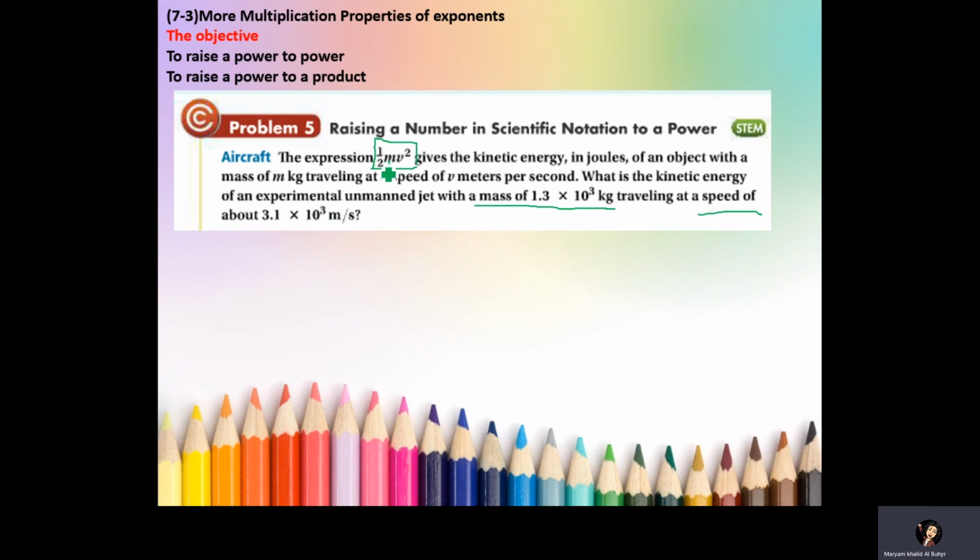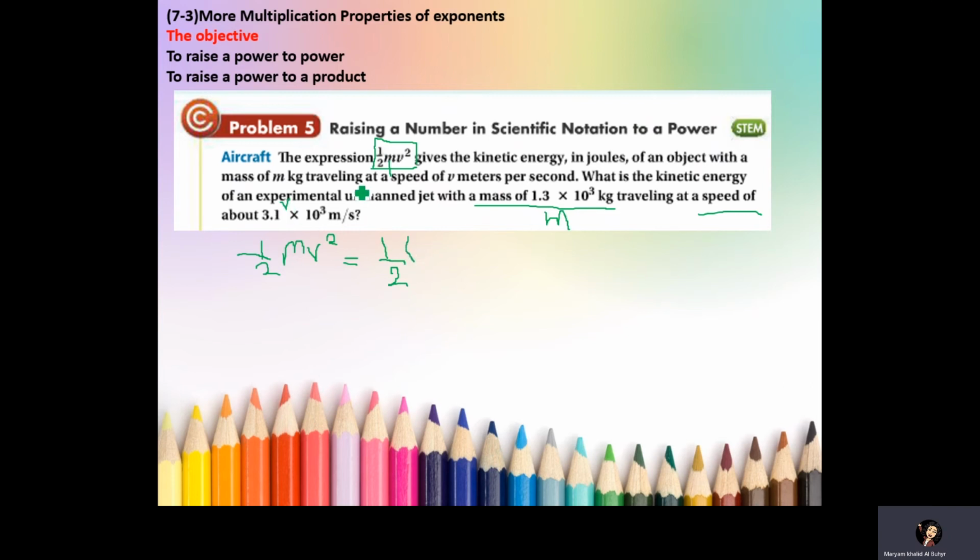Your job is just to substitute to find the energy. So the energy is 1 over 2 m v squared. You are going to substitute. That's m, the mass. That's the speed, that's the v, the velocity. Just substitute 1 over 2 m.